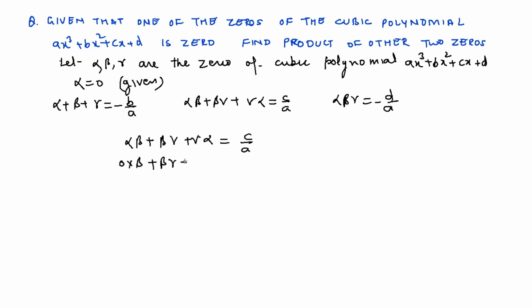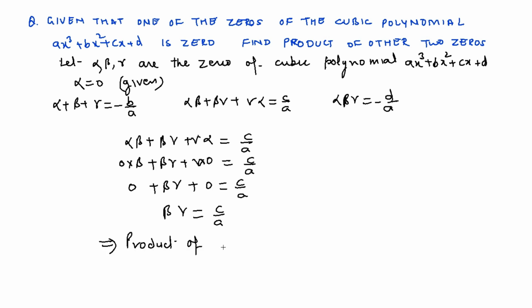So instead of alpha you will write 0 into beta plus beta gamma plus gamma into 0 is equal to c by a. So this will become 0 plus beta gamma plus 0 is equal to c by a. So beta gamma is equal to c by a. So the product of the other two zeros is equal to c by a.